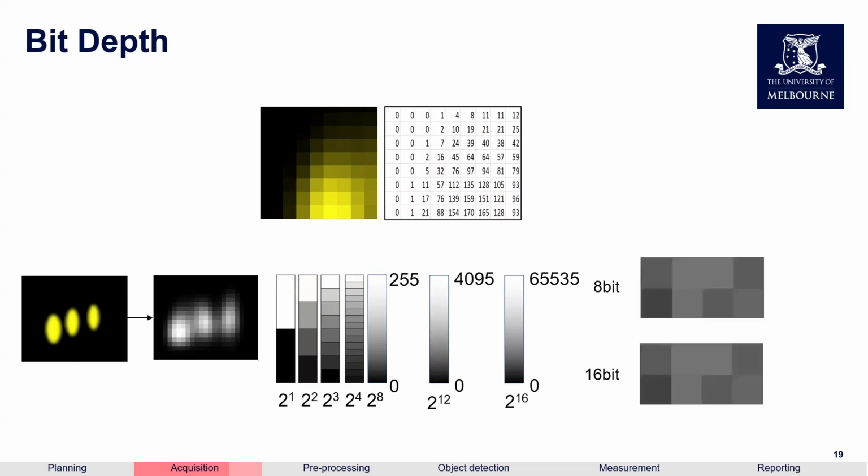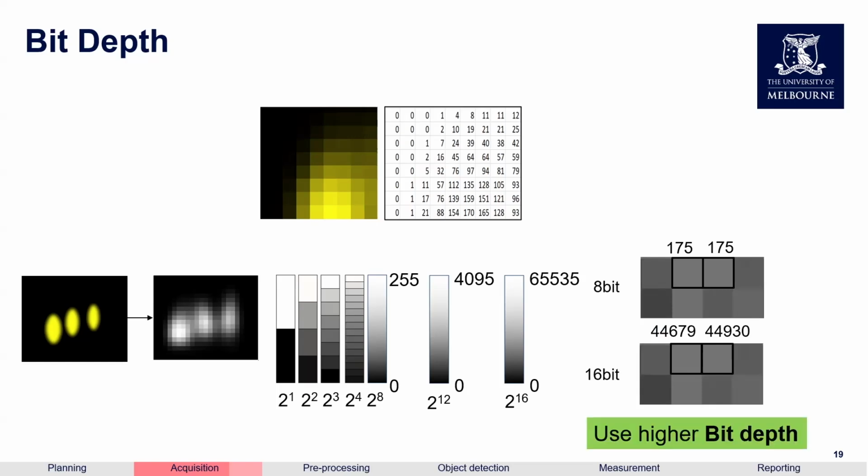As an example, between an 8-bit and 16-bit image, visually you won't see the difference, but the quantification will be significantly more accurate. So we always want to use a higher bit depth than 8-bit for intensity measurement.